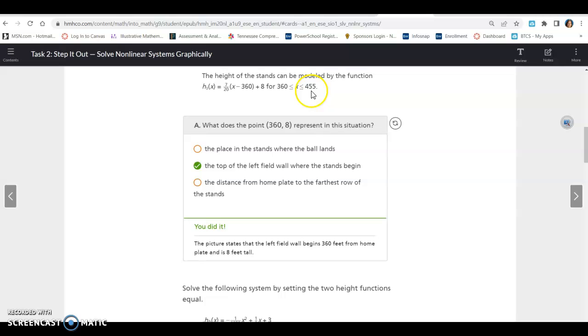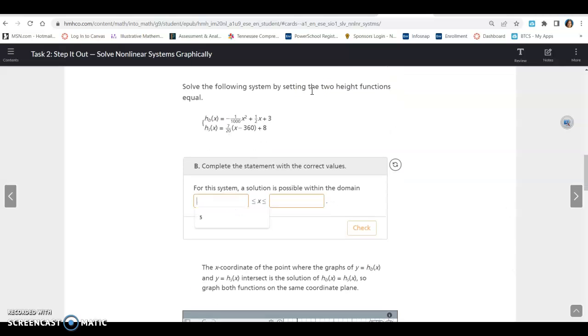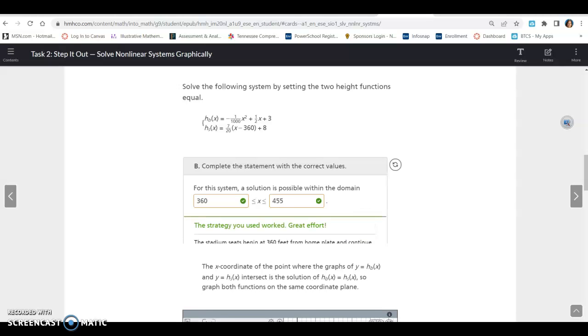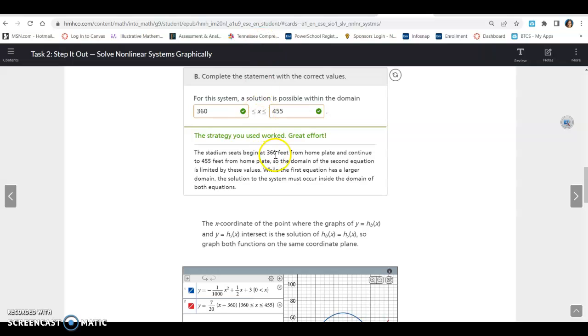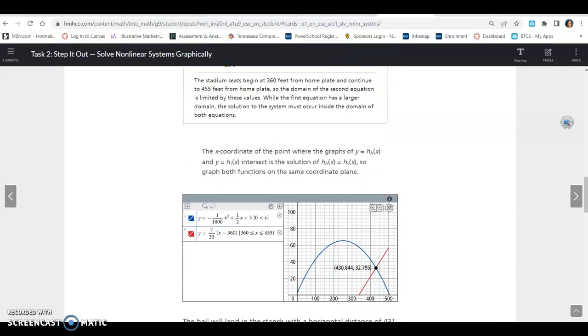So it's 360 to 455. The stadium seats begin at 360 from home plate and continue to 455 from home plate. So the domain of the second equation is limited to these values. The x's have to be between 360 and 455.